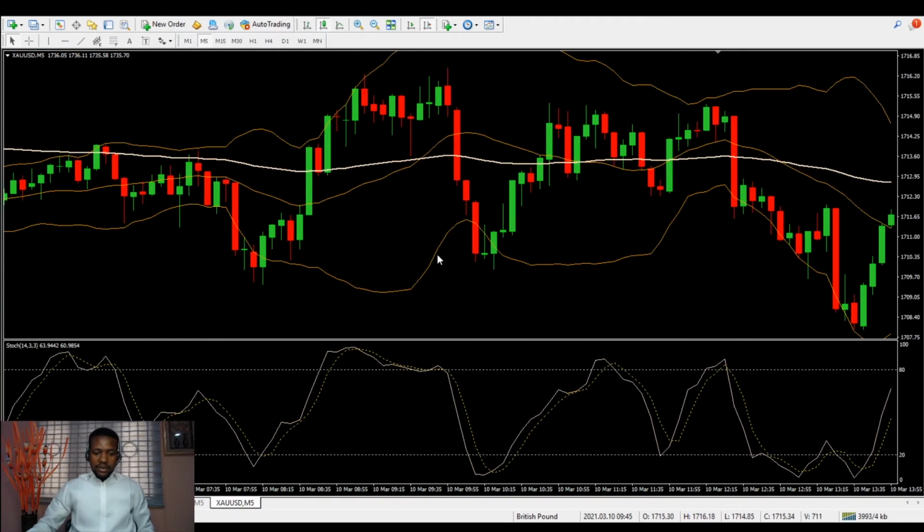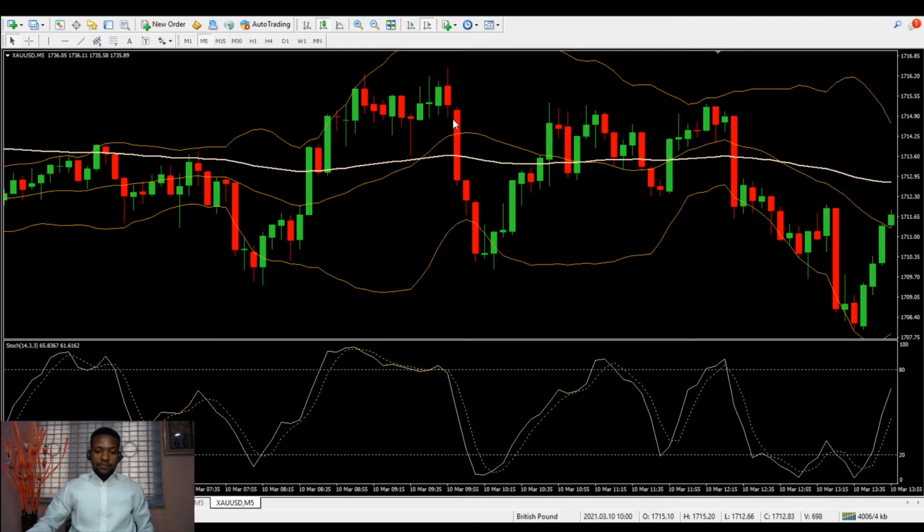We have another one here. This is price moving in between the upper and the lower band, and price came down, and price broke out from the lower band, and the next candle eventually closed inside the band, and what happened? It went up.